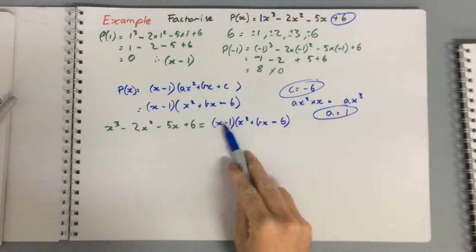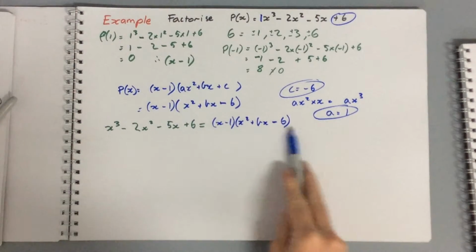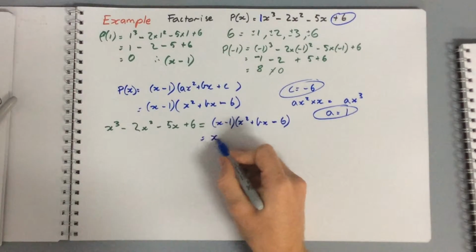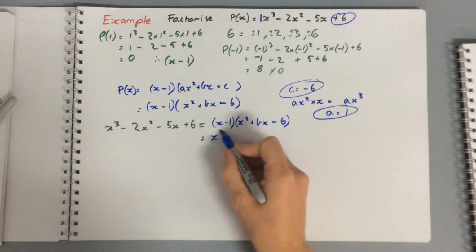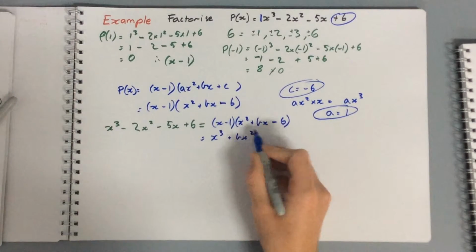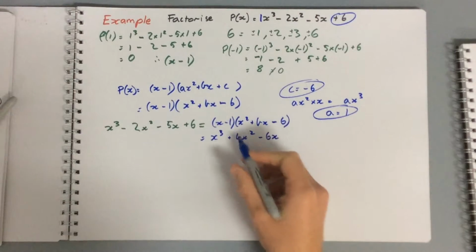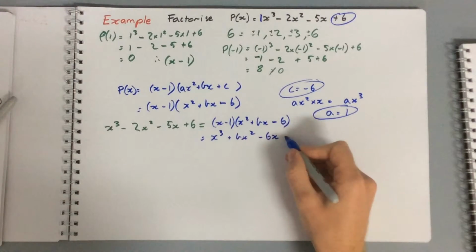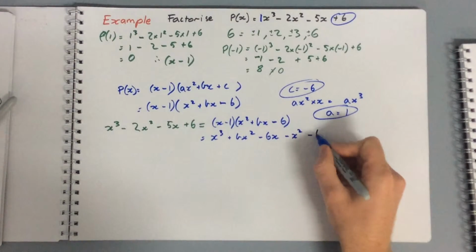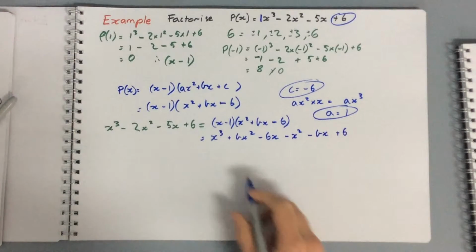Okay, I'm just putting that number in here, and that's our original equation. So if I expand this out, what happens now? We're going to have some x and b terms. So x cubed plus bx squared take 6x, and for our 1s we'll have a minus x squared and minus bx, and should get positive 6.